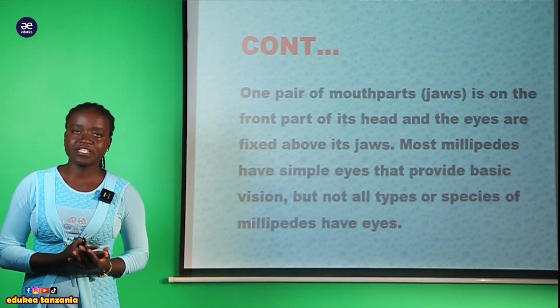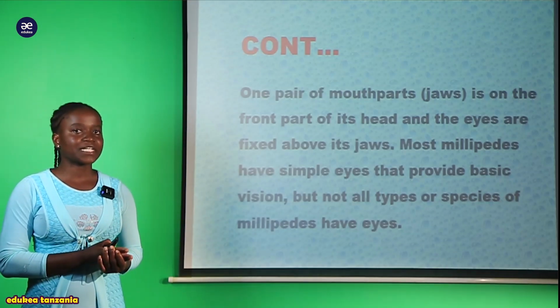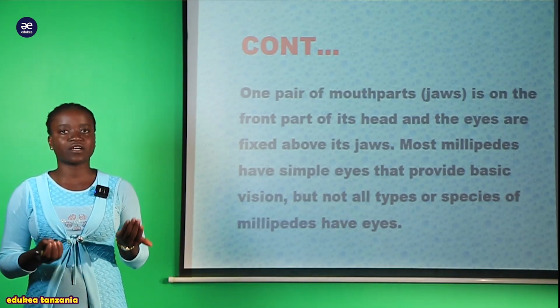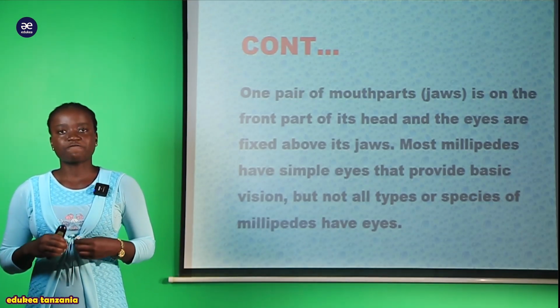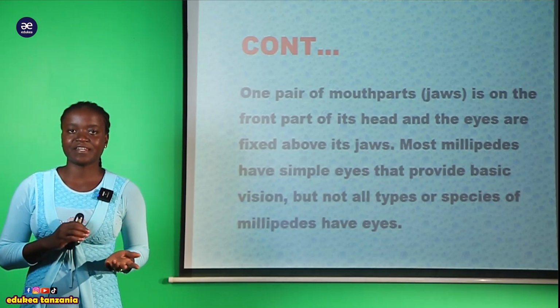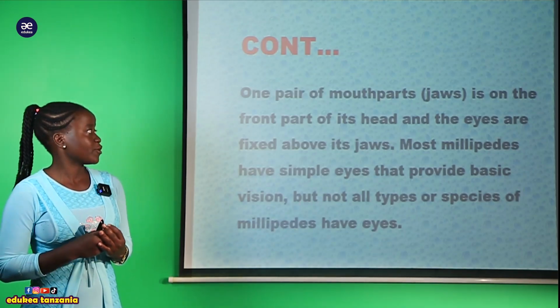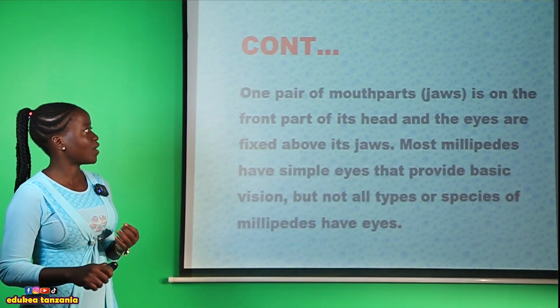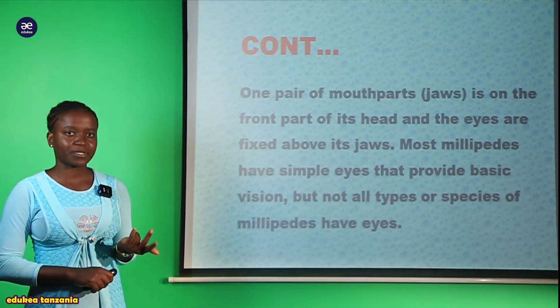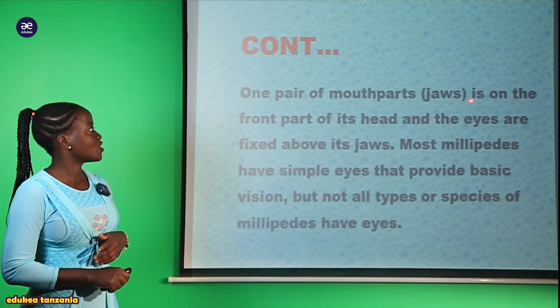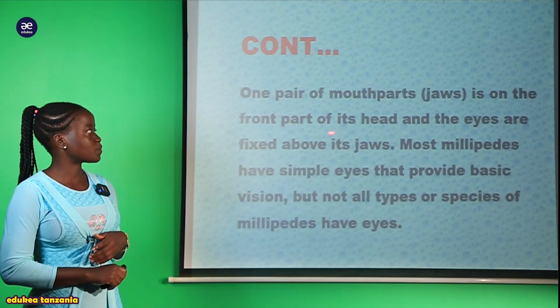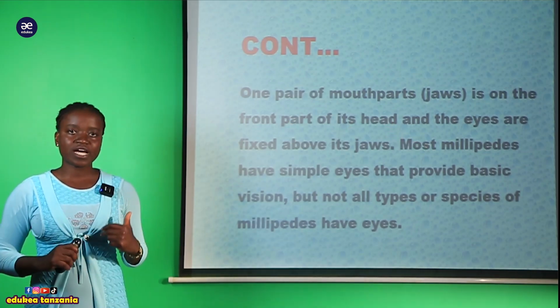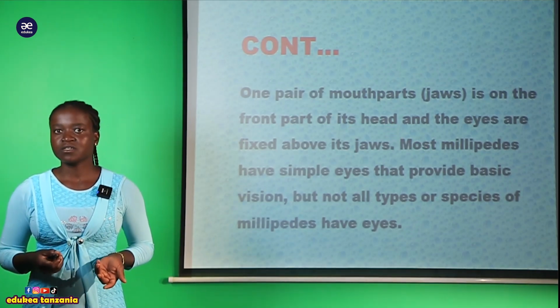Kwa sasa hawa organism, as I have said, they vary from one species and another species. So even the content or the structure which are found between one species of millipede and the next one, they differ. Na ndio maana hapa tumesema kwamba one pair of mouth parts ambayo inapatikana within their jaws ndiyo ambayo sasa inapatikana kwenye front part of their head, lakini these organisms also they have eyes.